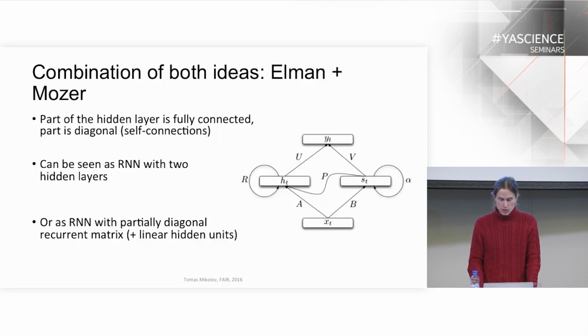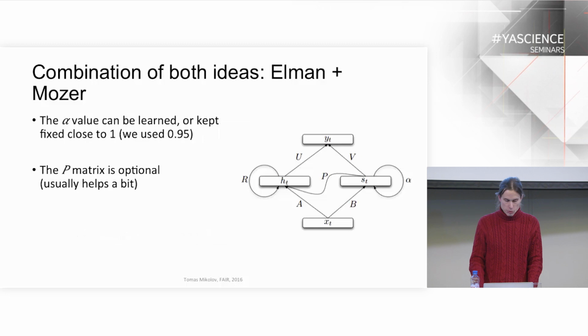And that is denoted here as alpha, because for the next experiments we can keep this self-connection fixed at a value that is close to 1, so that it will explicitly tell the network to keep its longer memory in this second hidden layer, and so that it will be changing slowly. Also, there is no activation function in Mozer's linear recurrent layer.